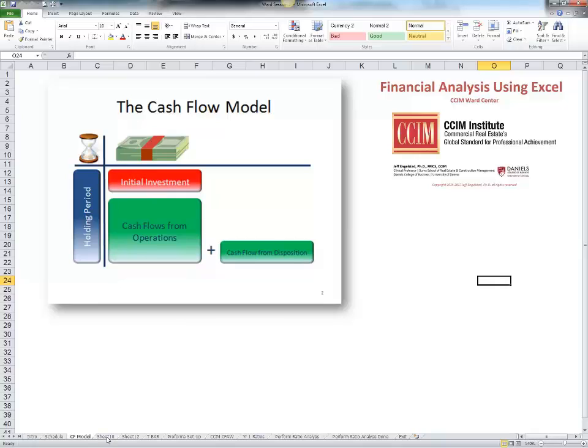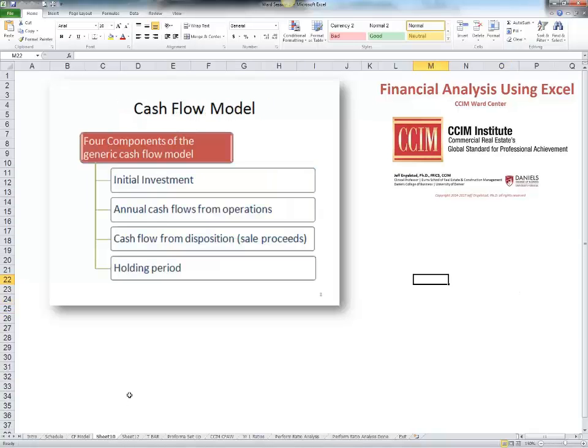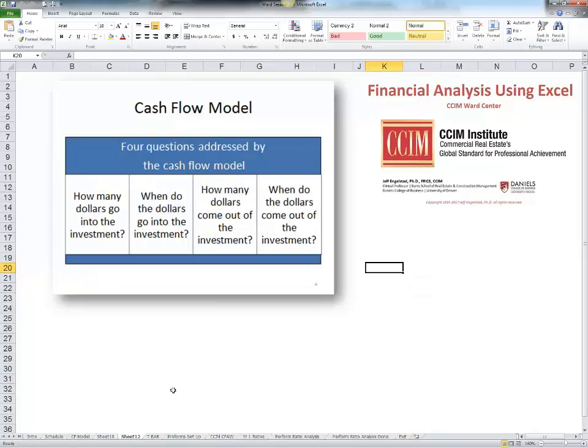Whether that finance is related to real estate, corporate finance, the most simple time value of money problem, or the most complex corporate derivatives problem, there are 4 components to the cash flow model: the initial investment, the cash flows from operation, cash flow from disposition, and a holding period. This is what we need to know to study finance. And so really what we're looking at are 4 investment questions.